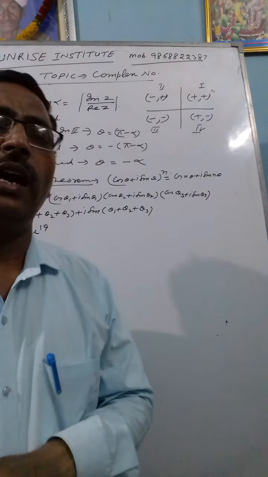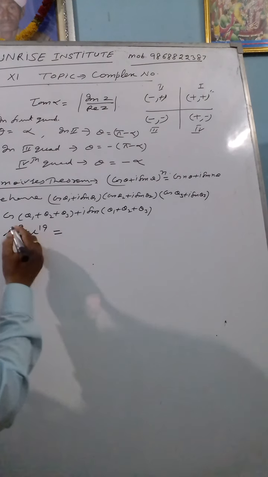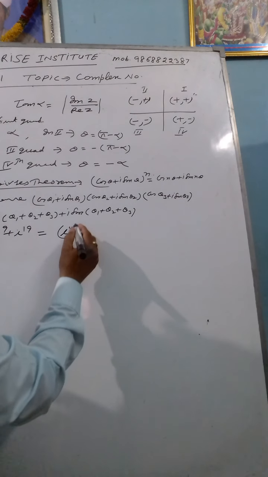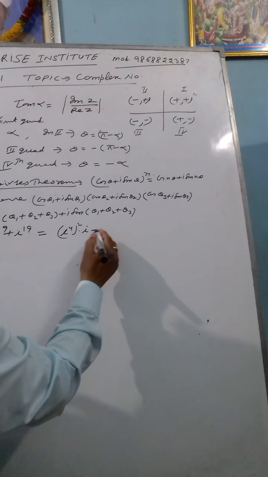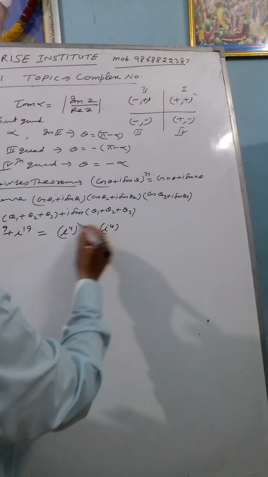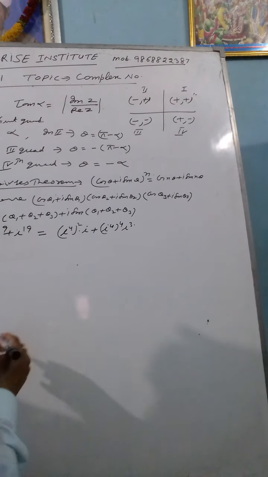Iota 9 is (iota 4) square into iota, plus iota 19 is (iota 4) to the power 4 into iota cube.